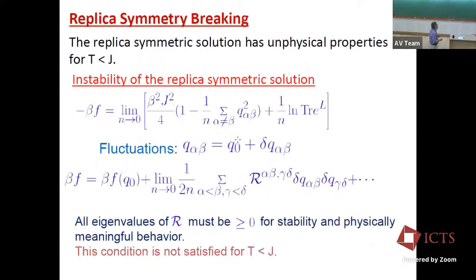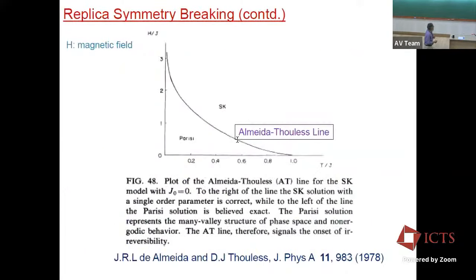Because when you have a magnetic field, of course, your magnetization is non-zero. But then there's a difference between the replica symmetric phase and the replica symmetry broken phase, even in the presence of a magnetic field. And this is actually something which is very controversial.